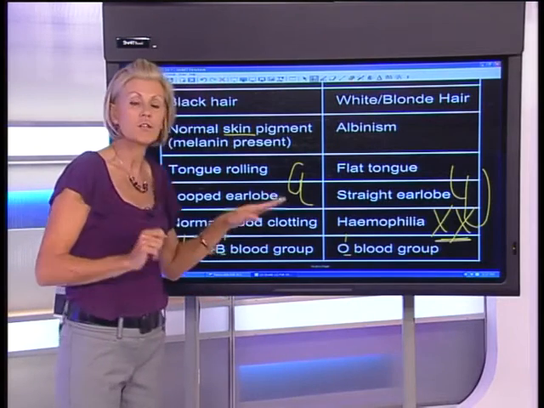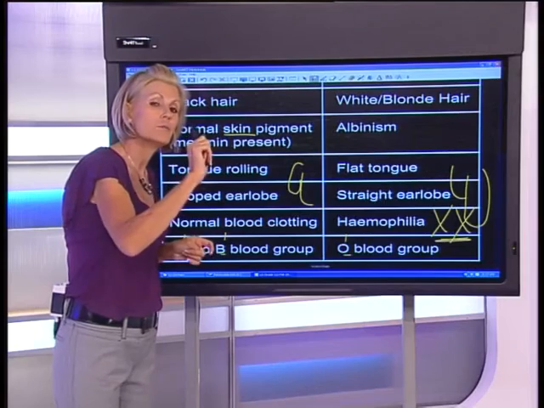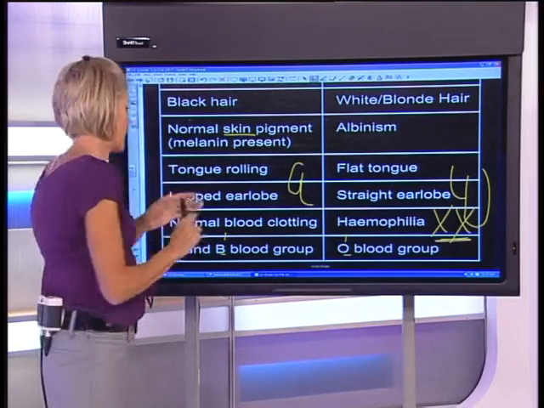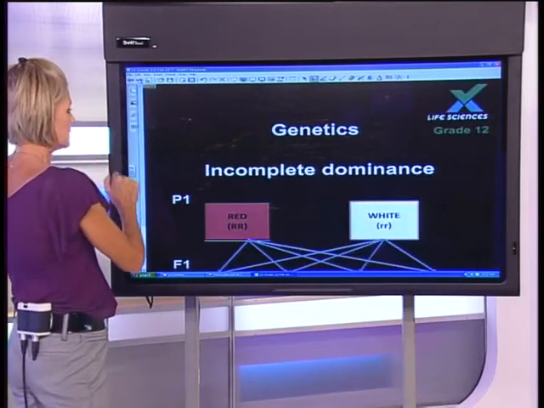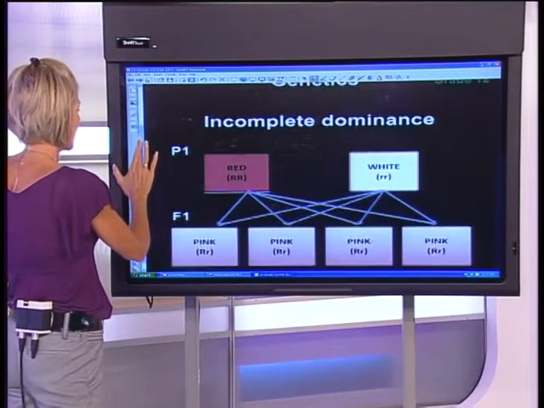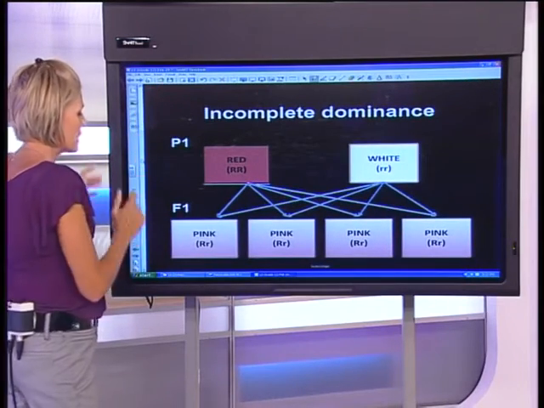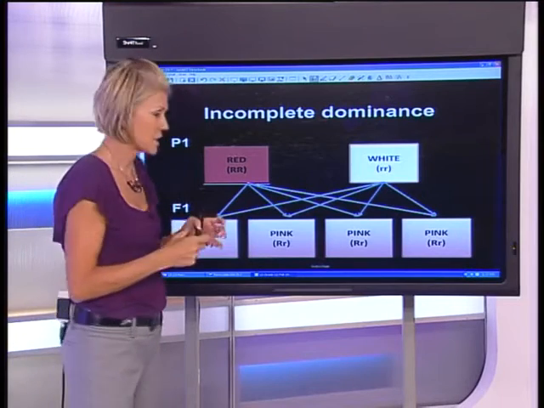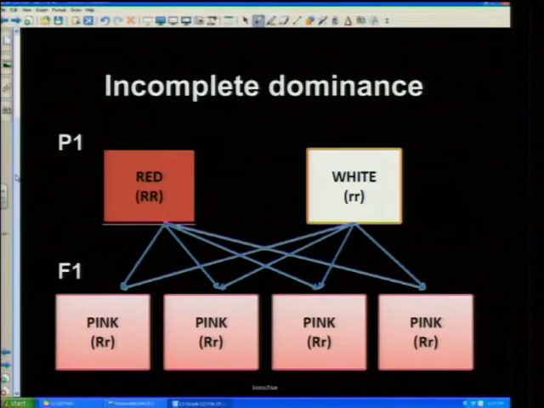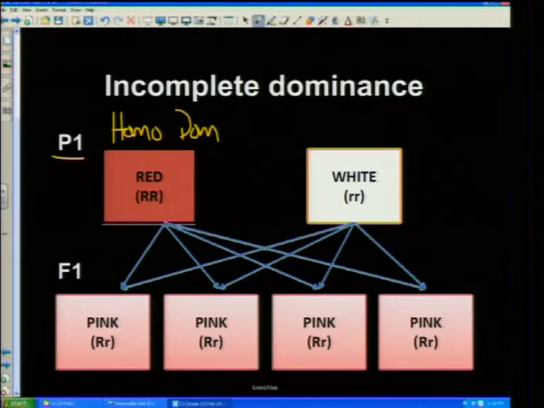And this is where we're going to explain codominance. We'll get there though. All right, here we've got incomplete dominance. And this was the best way I could explain it: if I have P1, which is the first parental generation, we have homozygous dominant, okay?